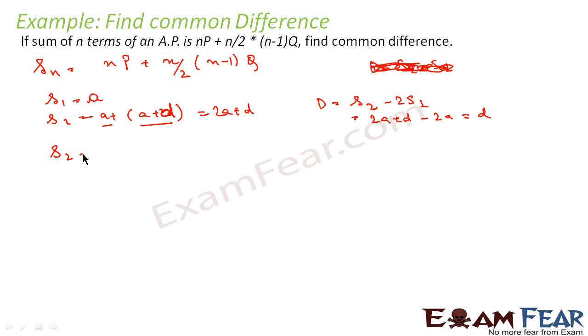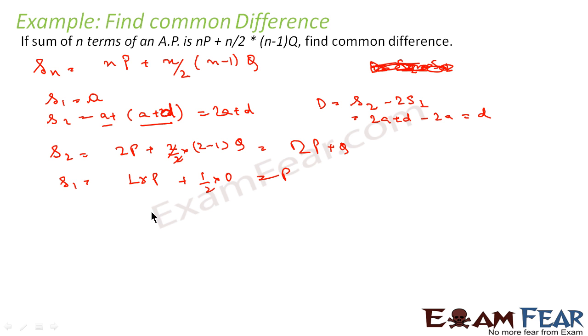So we'll find S2. We'll put n is equal to 2. We get 2 into p plus 2 by 2 into (2 minus 1) into q. This becomes 1, that becomes 2p plus q. Similarly, S1 is n is equal to 1, that is 1 into p plus 1 by 2 into (1 minus 1), which is 0.